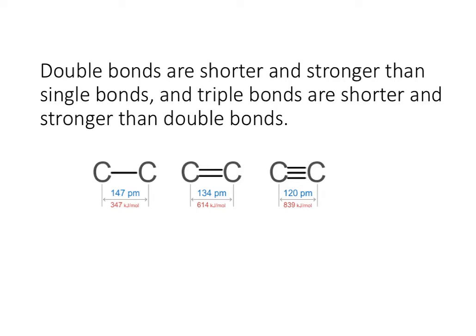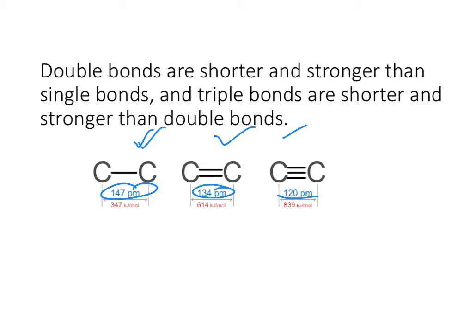Again, holding other variables constant, let's look at the bond between two carbon atoms. Covalent bonds, of course, we know we can have single, double, and triple bonds. And as you might expect, the bond length of a carbon-carbon double bond is shorter than the bond length of a single bond.